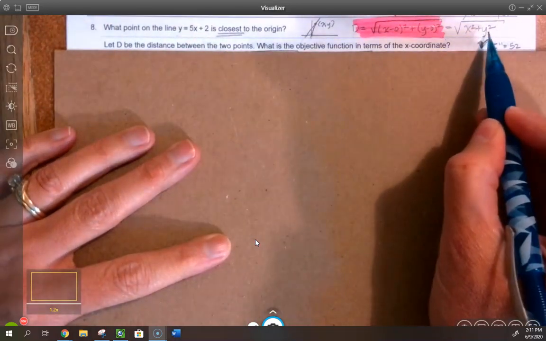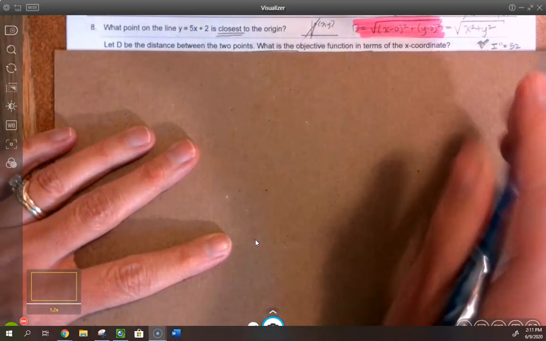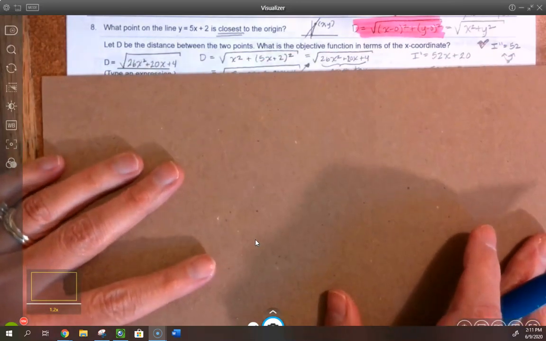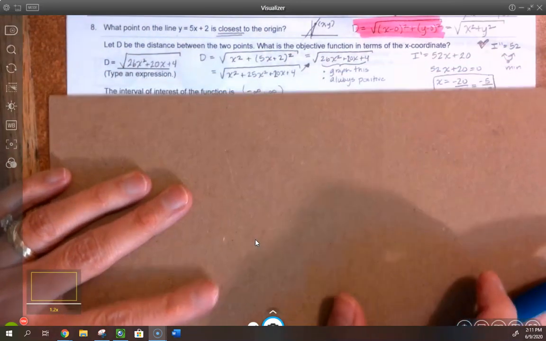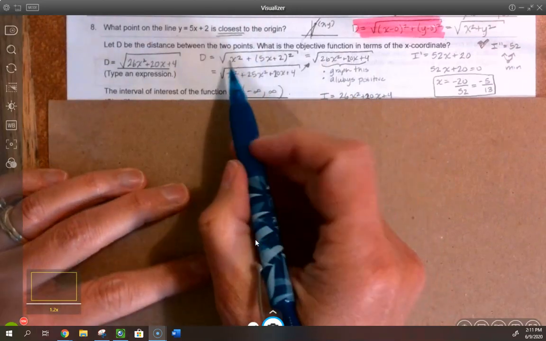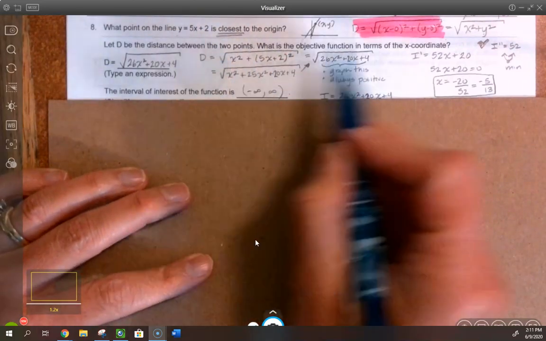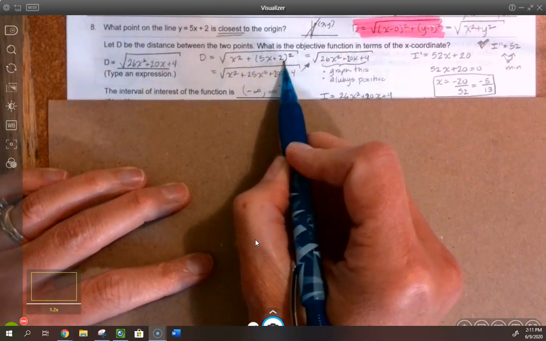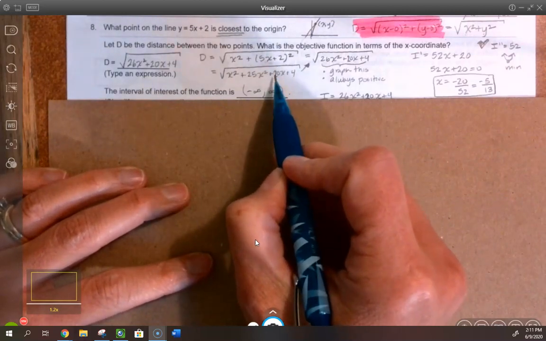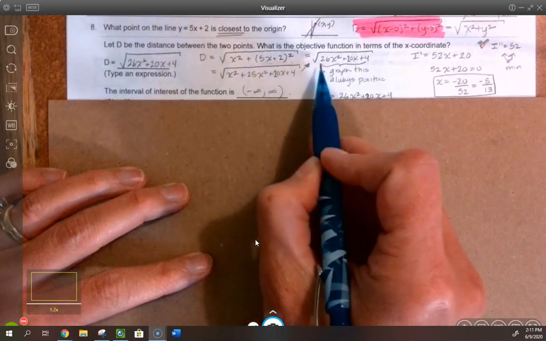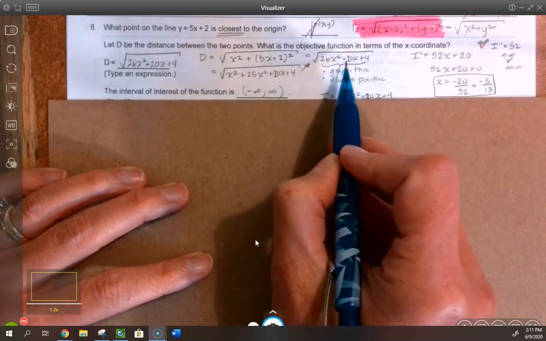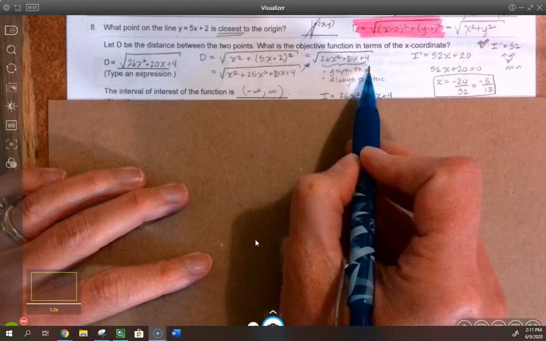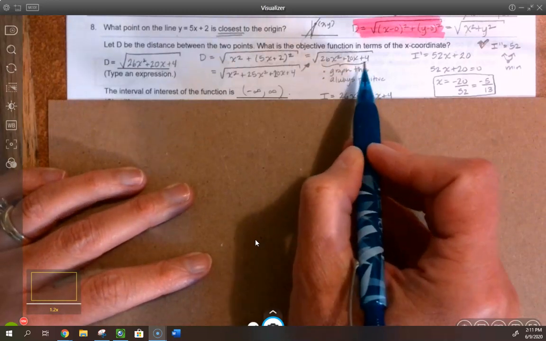So I'm going to replace y with 5x plus 2. And when I replace y with 5x plus 2, I get the square root of x squared plus the quantity 5x plus 2 squared. If you square that and combine like terms, you get the square root of 26x squared plus 20x plus 4.